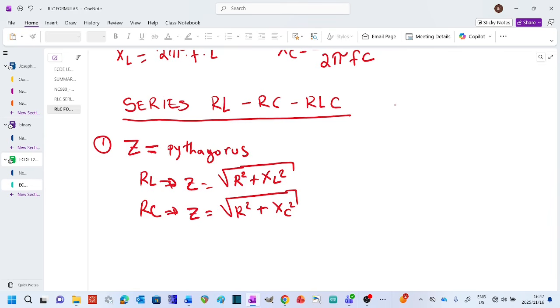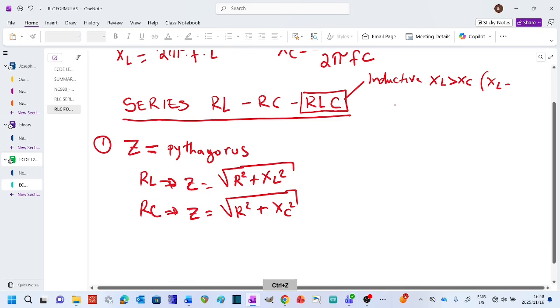But you have a case where you are dealing with RLC. The circuit is either inductive or capacitive. When your circuit is inductive, it means XL is bigger than XC. So that side is going to be XL minus XC.